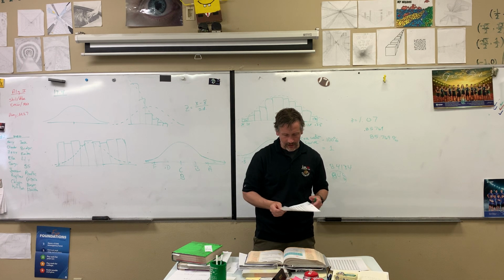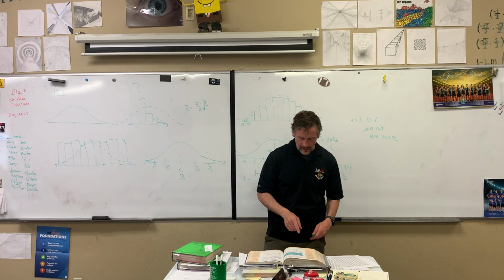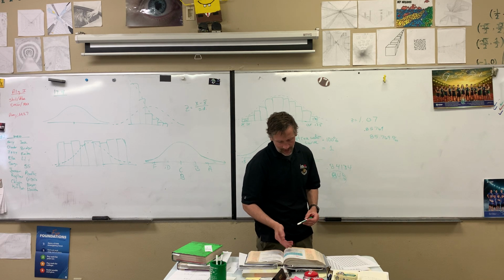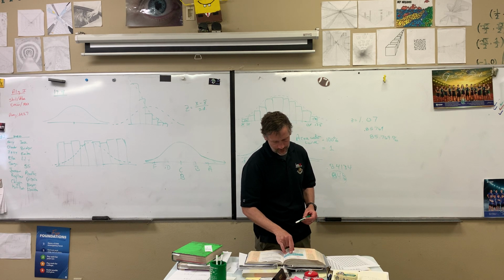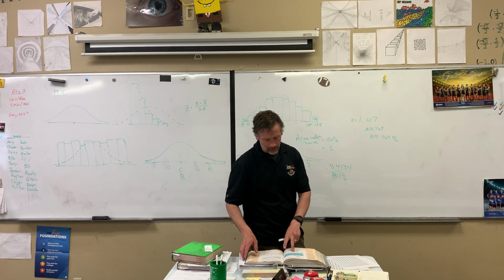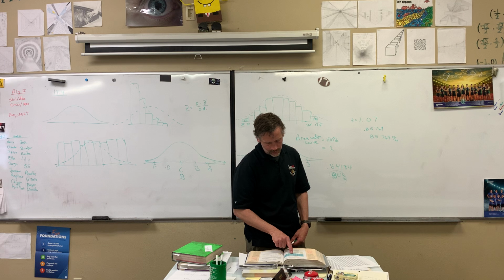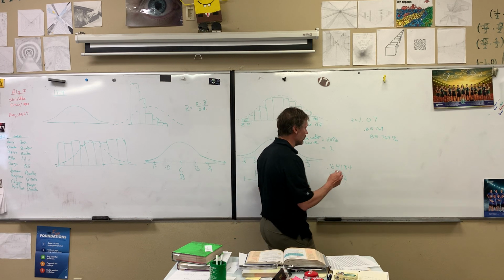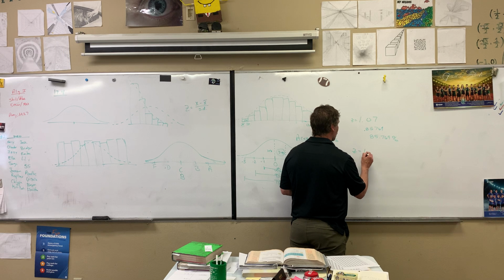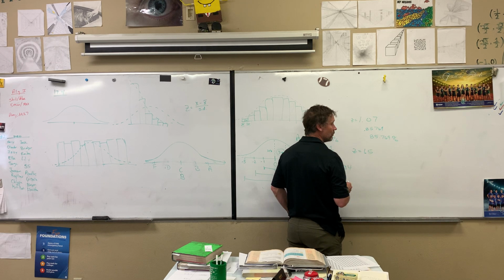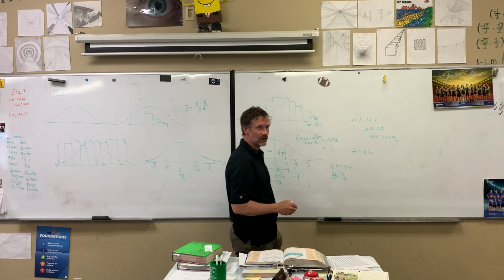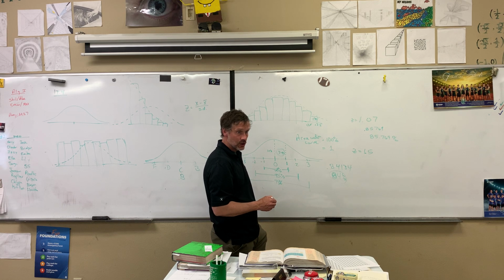Let's do 1.5 for example on the turquoise sheet. When you look at 1.5 in your book, you go to the 1 and scroll over to 0.5, and you're at 0.9332. So if your z-score is 1.5, that means you're 1.5 standard deviations above the average.